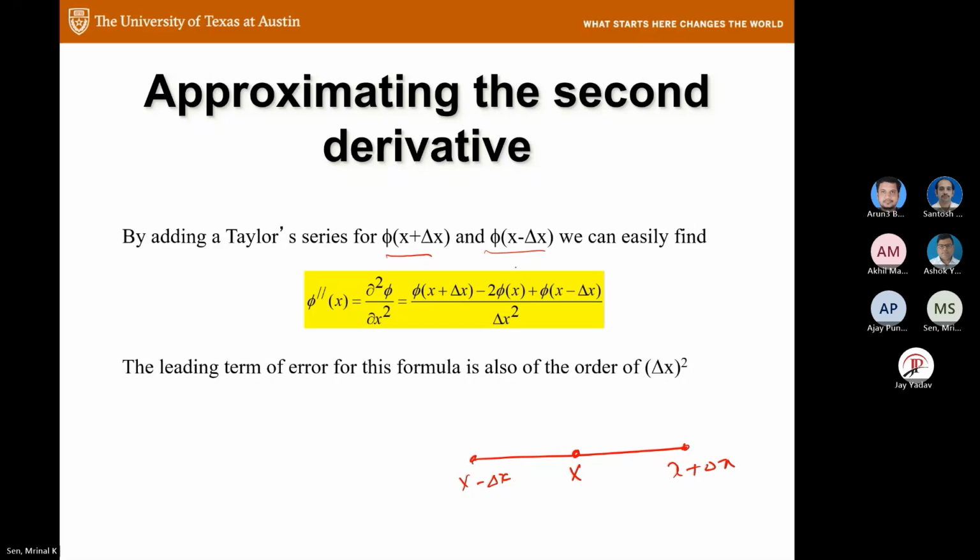And this is how it goes. So this one, you put a weight of -2. This one, you put a weight of 1. And then you put a weight of 1 on this side also, and you divide by delta x squared. And remember, I have ignored terms higher order than delta x squared. Okay?